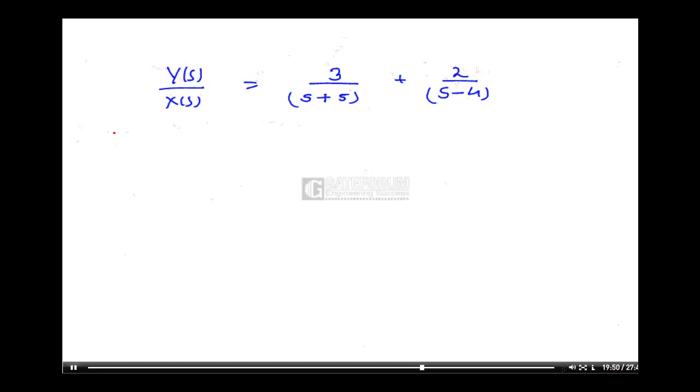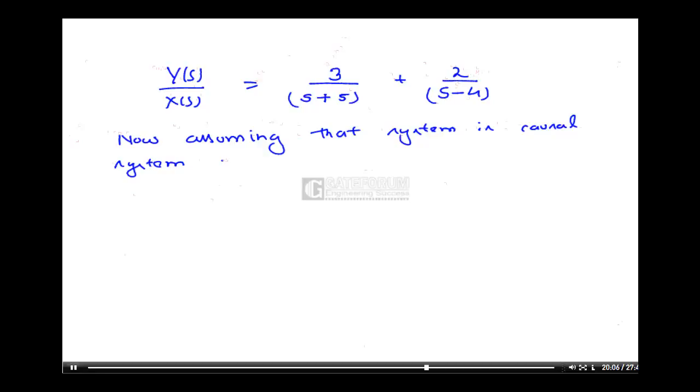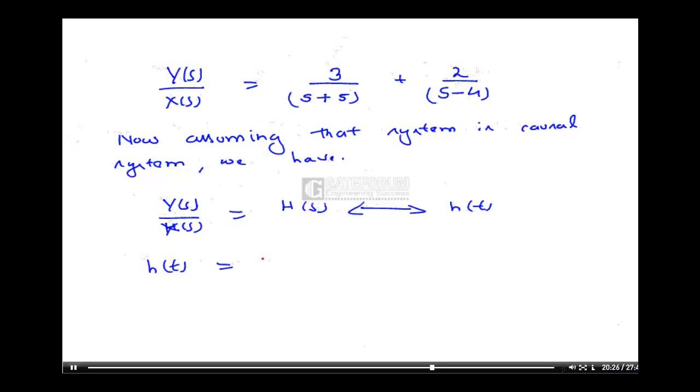Now assuming that system is causal system, we have Y(s) upon X(s) equal to H(s), Laplace transform as h(t) equal to 3 times of e to the power minus 5t u(t) plus 2 times of e to the power 4t u(t).